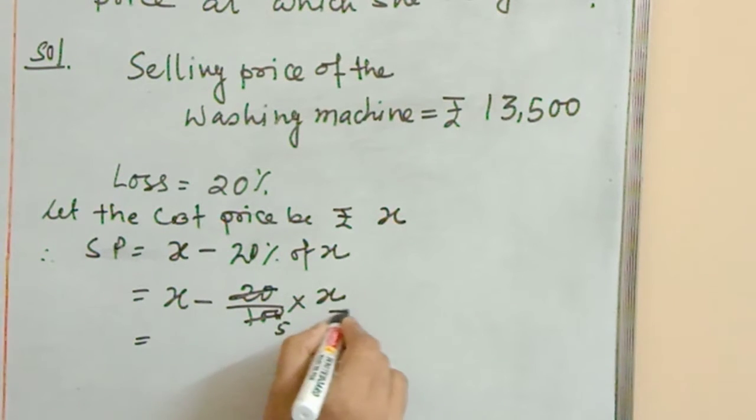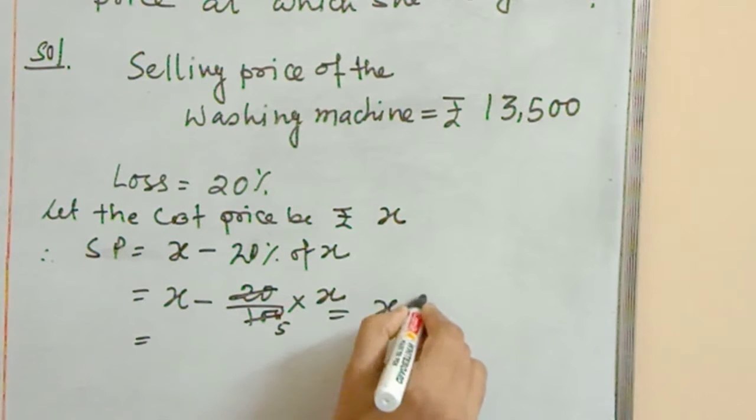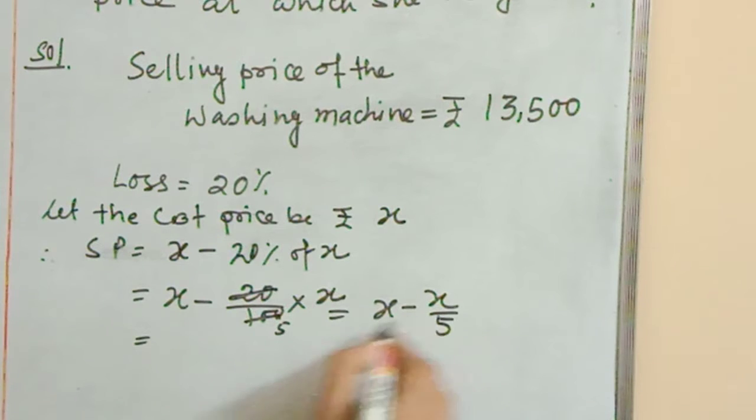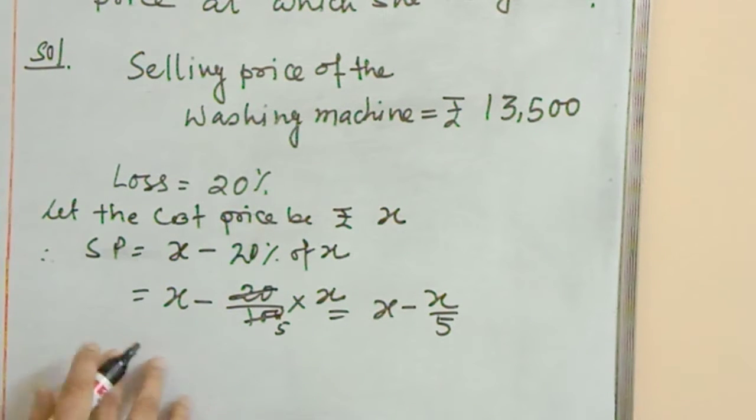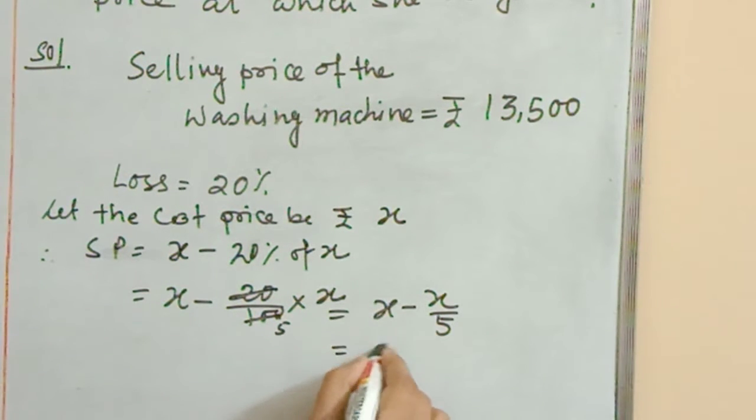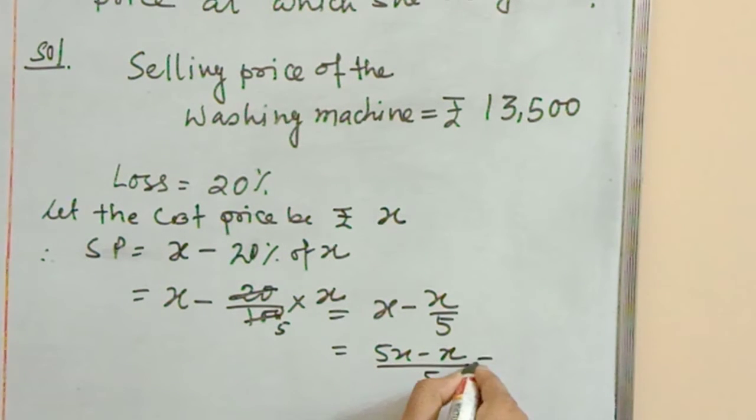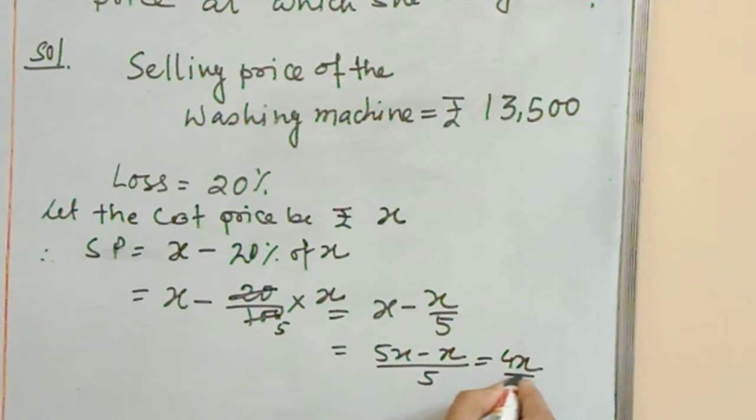So it will be X minus X by 5. If you subtract, you will get 5X minus X by 5, that is 4X by 5.